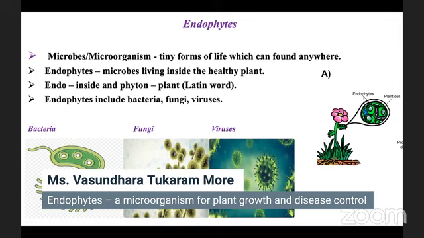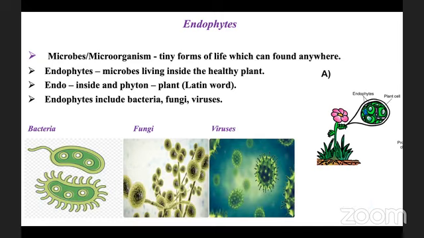Here we can see in the slide, bacteria look like motile ellipsoidal shapes under the microscope. Second are the fungi, which look like a bag-shaped structure, rounded. And third are the viruses. Viruses may be circular, cylindrical, and their shape varies. So endophytes can be bacteria, fungi, or viruses.